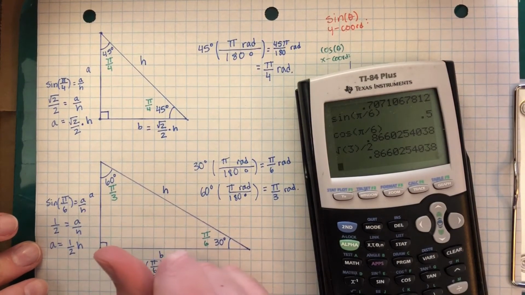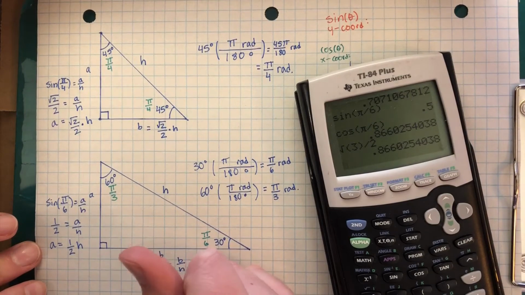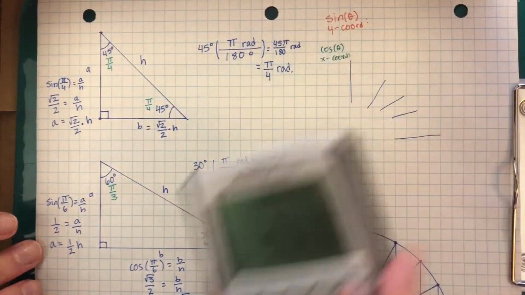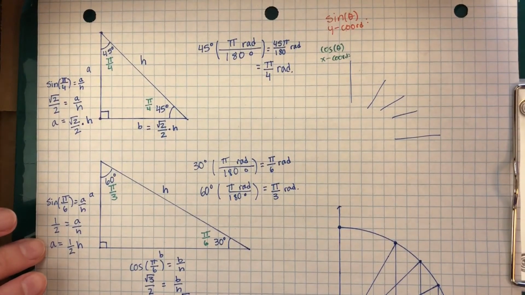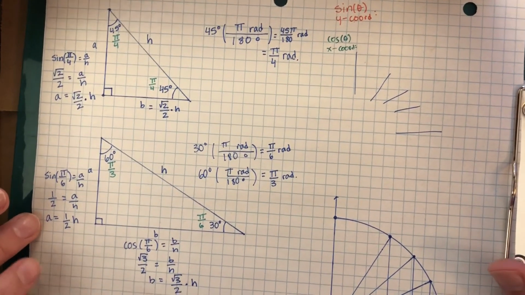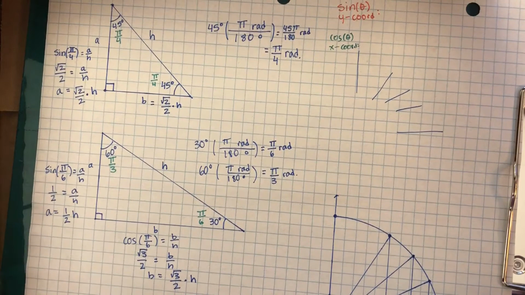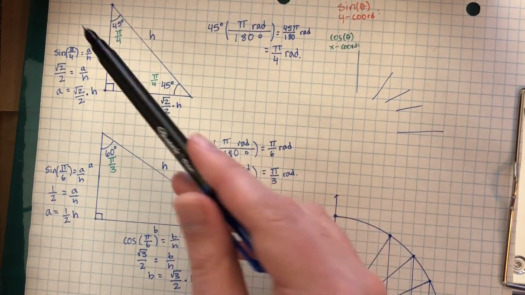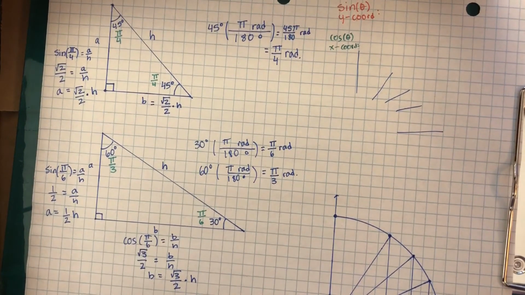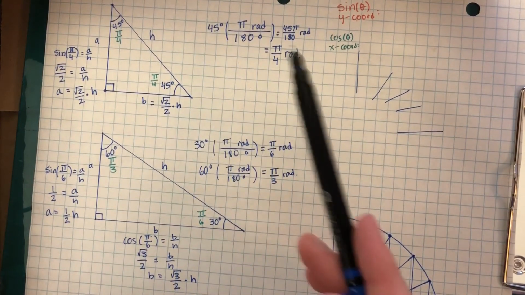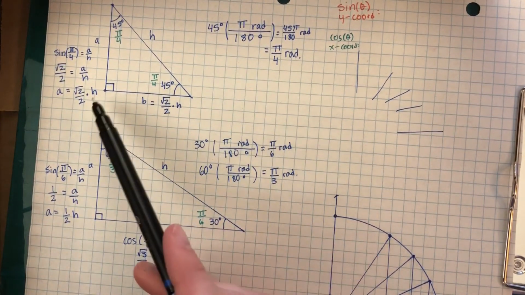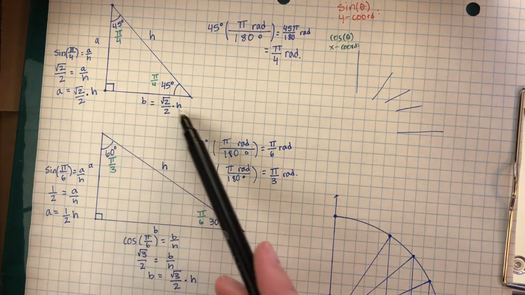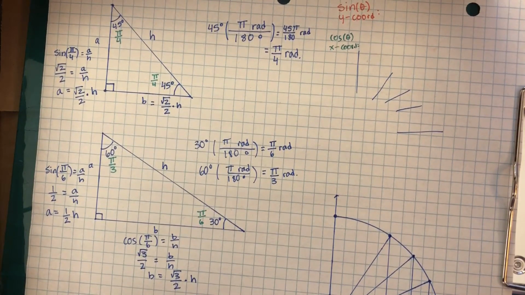So that means that B would equal the square root of 3 over 2 times whatever the length of the hypotenuse is. Great. So now we found the sides of both of these triangles in terms of H, and we also practiced converting to radians, and we ended up with these square root numbers.